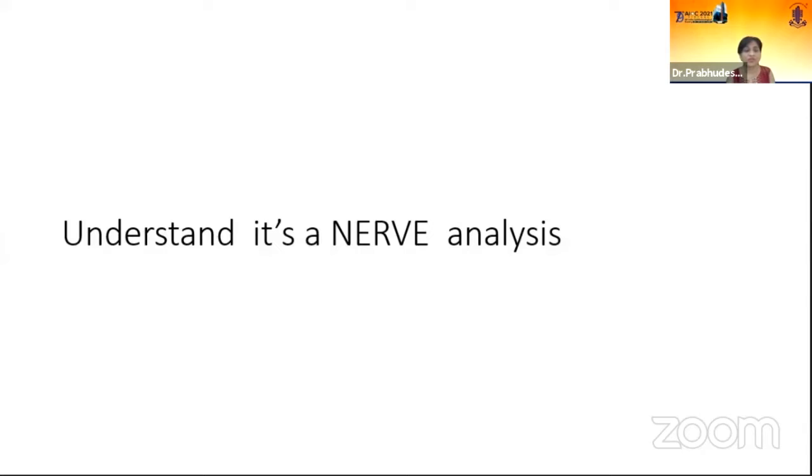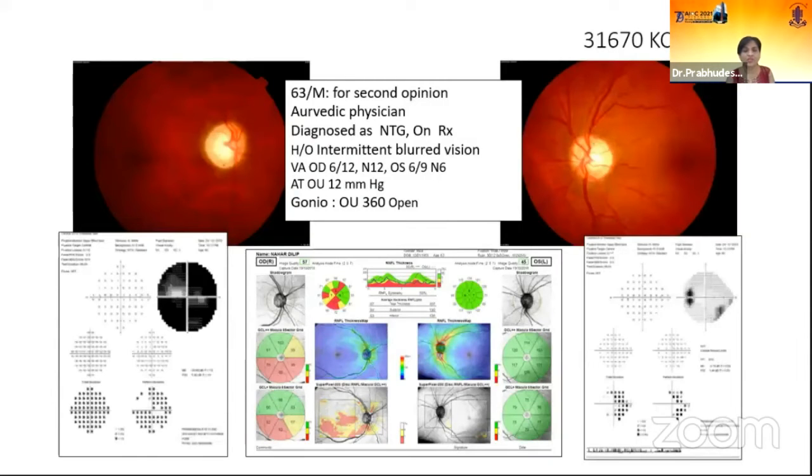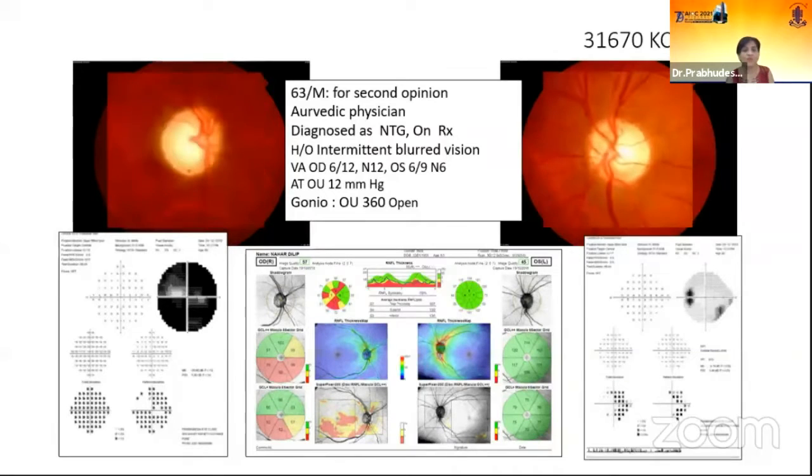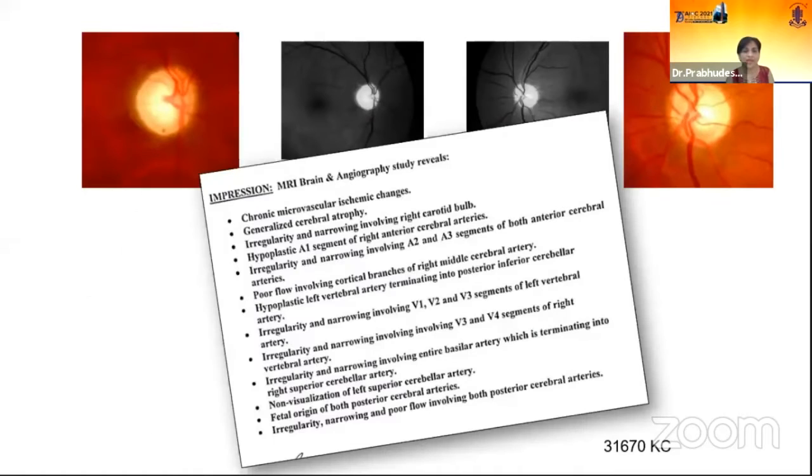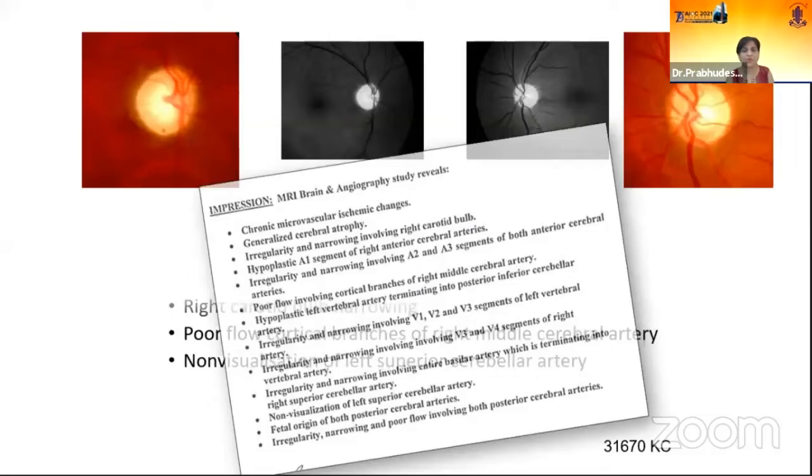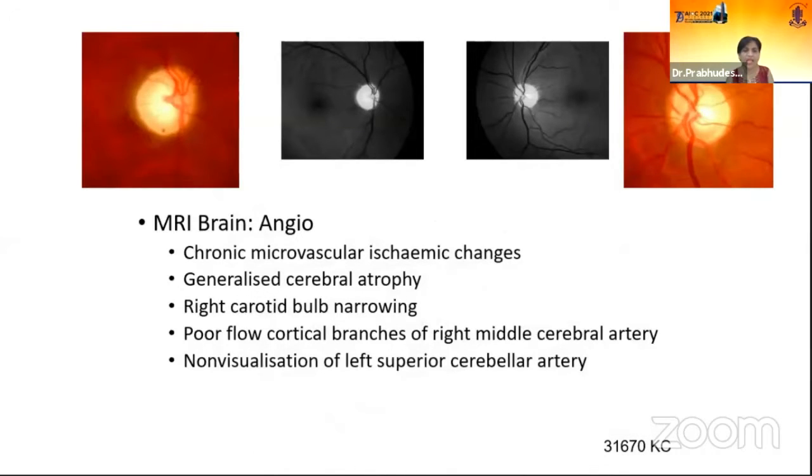Most important thing is OCT will show any nerve abnormality, because basically it is a nerve analysis. In this patient, you can see that the pallor was more than cupping, and these were his fields. When they did OCT, the right eye is showing damage, but it is disproportionate. So when we asked the patient to do MRI, the patient had multiple problems like microvascular changes, cerebral atrophy, even carotid bulb narrowing.